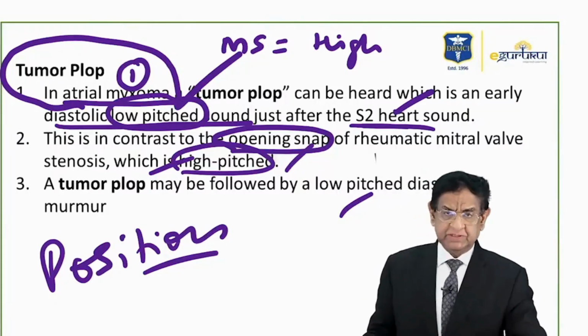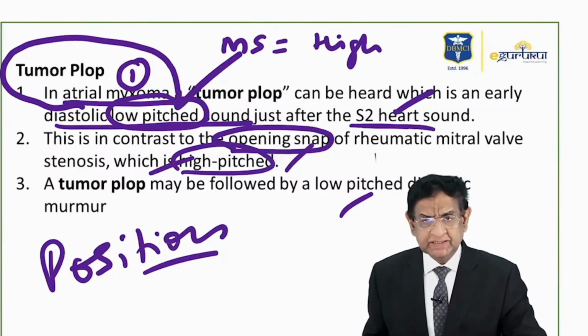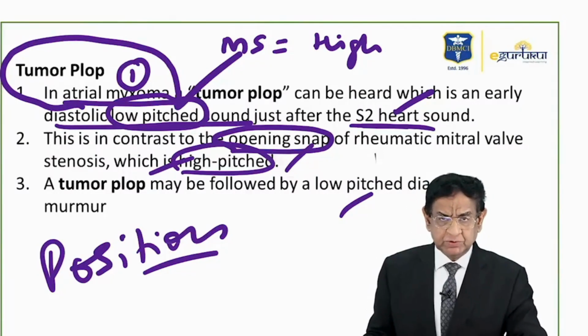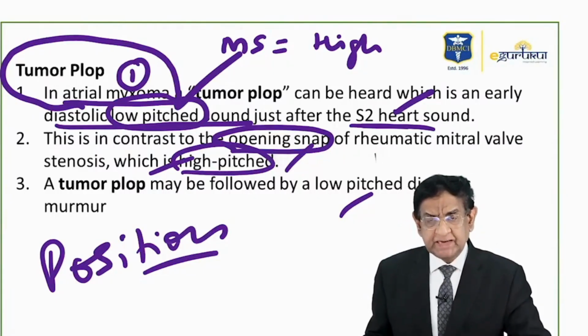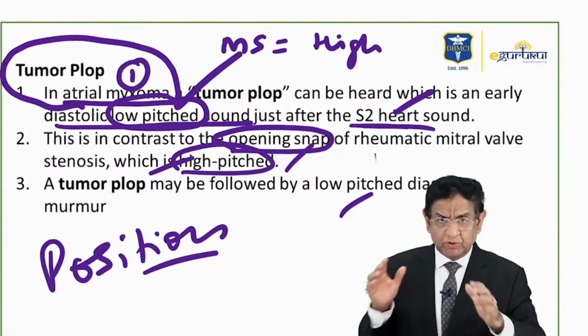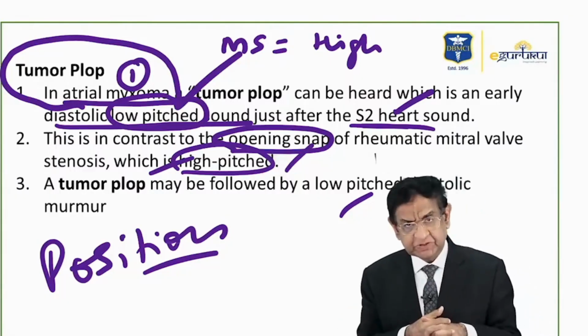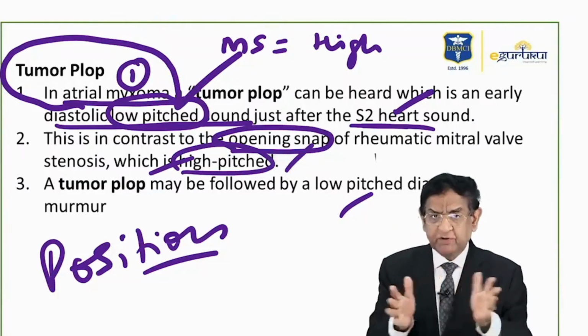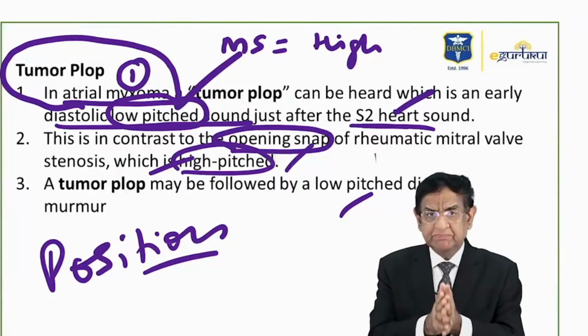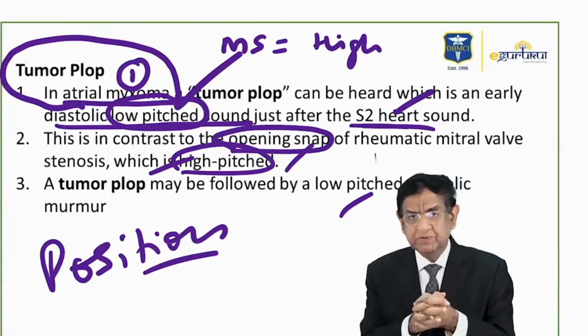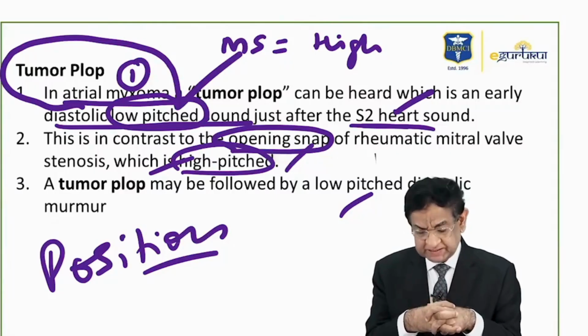Atrial myxoma. What type of sound? It's a sound which comes after S2, but it's a low pitch sound. It comes in the same place as the opening snap, which is high pitch, and it is again followed by a mid diastolic murmur, just like mitral stenosis. But this murmur is low pitch as compared to the high pitch murmur of mitral stenosis.